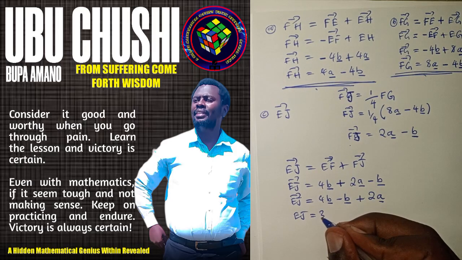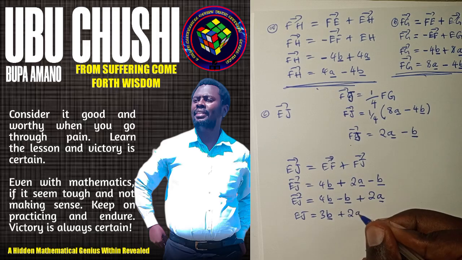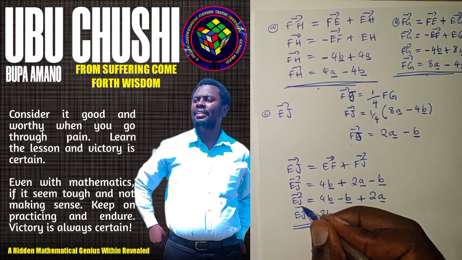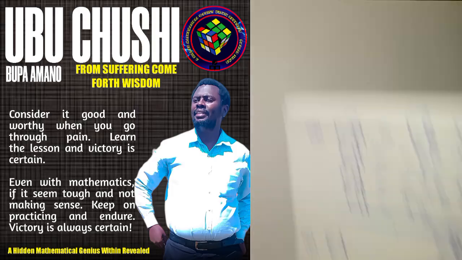Yes, you get 3 vector B plus 2 vector A. So that is EJ. So it's 3 vector B plus 2 vector A. We go to the last question.